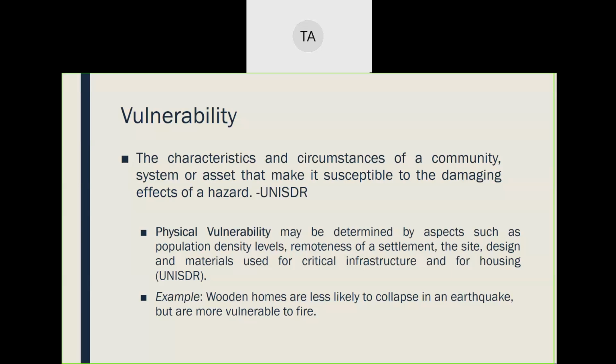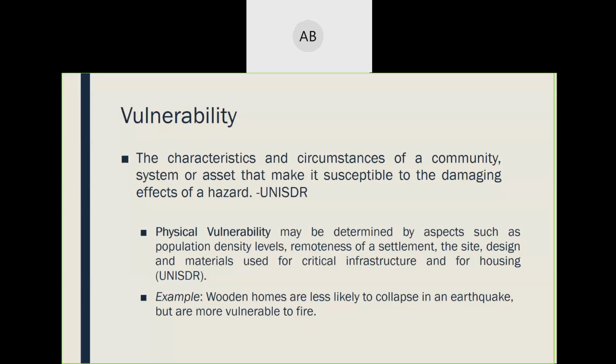See, normally vulnerability extends from 0 to 1. Later on, you will come to realize that all these things I mentioned can be calculated numerically. So 0 means there is no vulnerability, and 1 means 100% vulnerable.